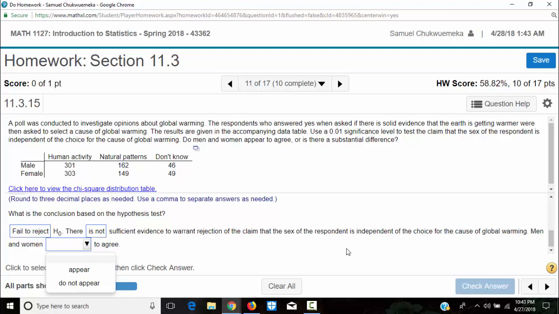When you say it is dependent on the choice, then you can say men and women don't tend to agree. But the sex of the respondent is independent of the choice of the cause of global warming, which means that men and women appear to agree.